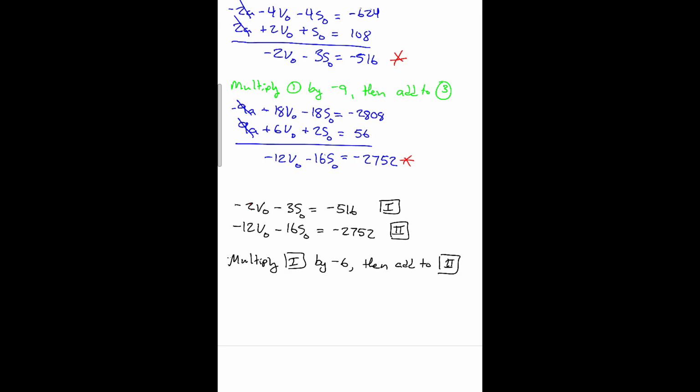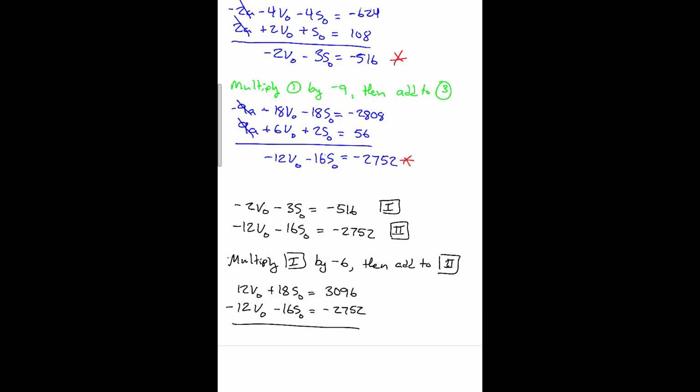So when I do that, I will get a positive 12 v naught plus 18 s naught equals a positive 3,096. Now I'm going to add it to equation 2. Just for verification, equation 2 was negative 12 v naught minus 16 s naught equals negative 2,752.